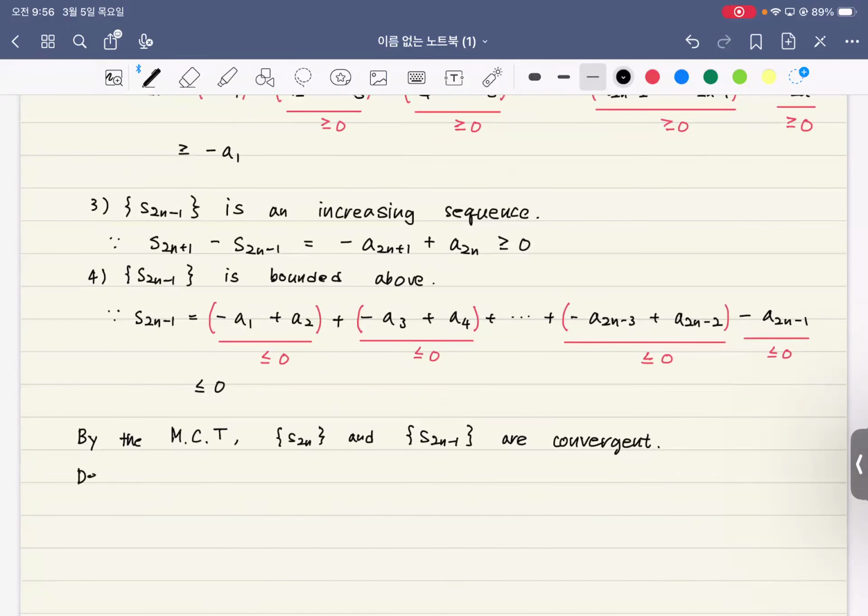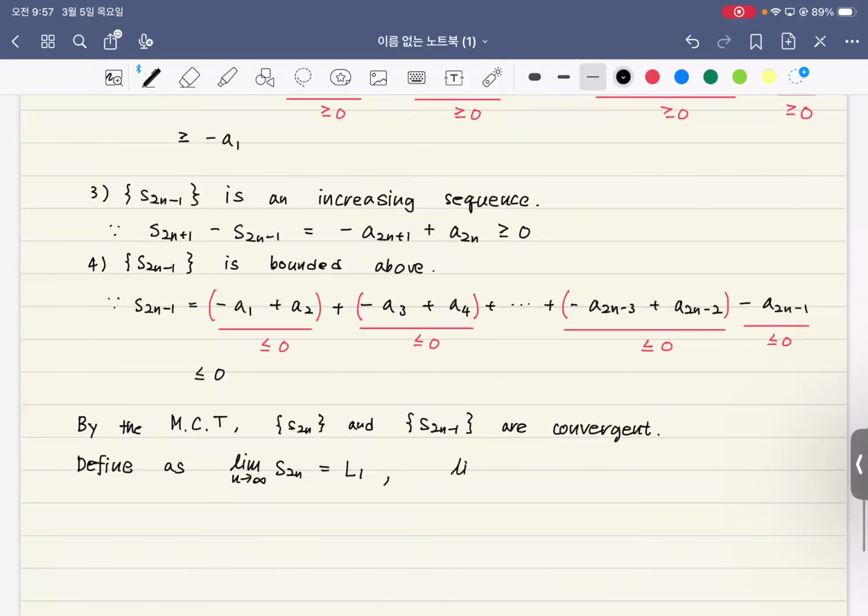So we define them: the limit of S2n is L1 and the limit of S2n minus 1, I will define this guy to be L2.